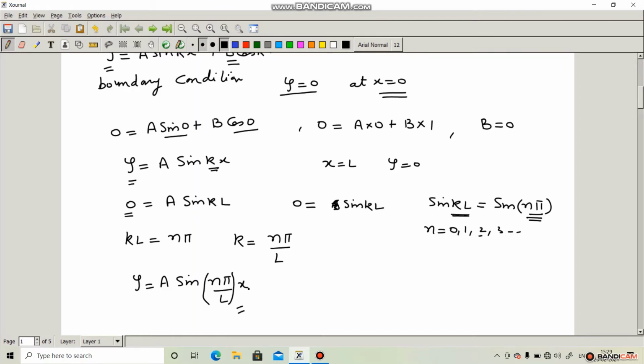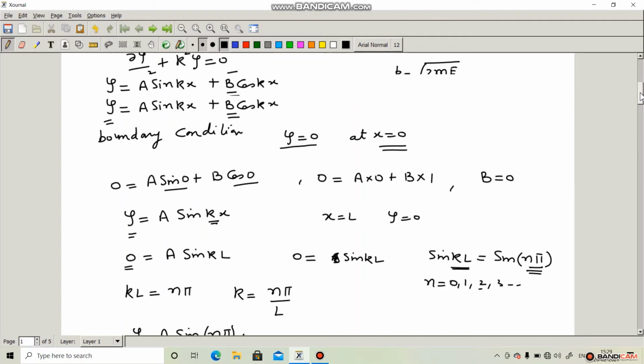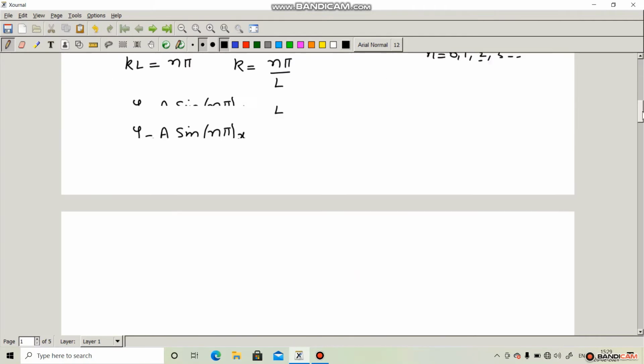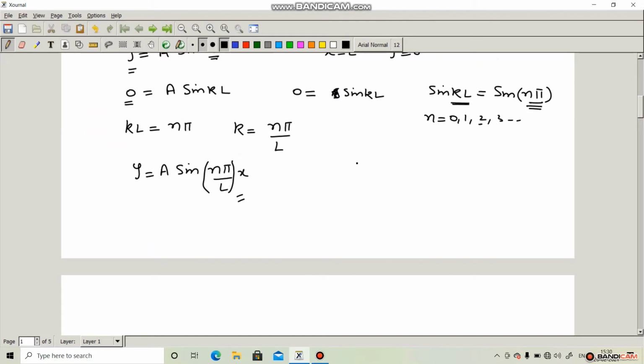And if we put the value of k, which is n pi upon L, in the energy equation, n pi upon L equals under root 2mE upon h cross square.